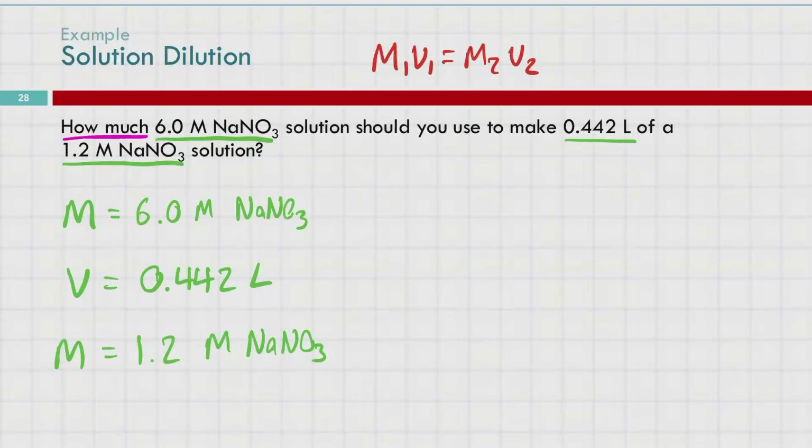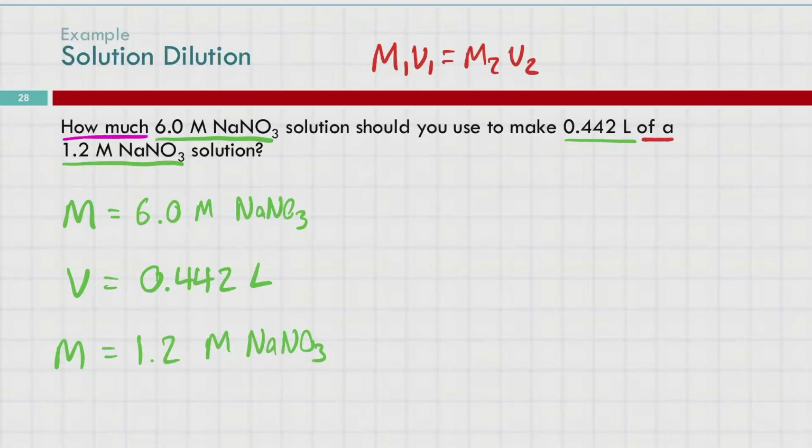We've got one volume. Which molarity does it go with? Does our volume go with 6 molar or with 1.2 molar? It goes with the 1.2 molar.